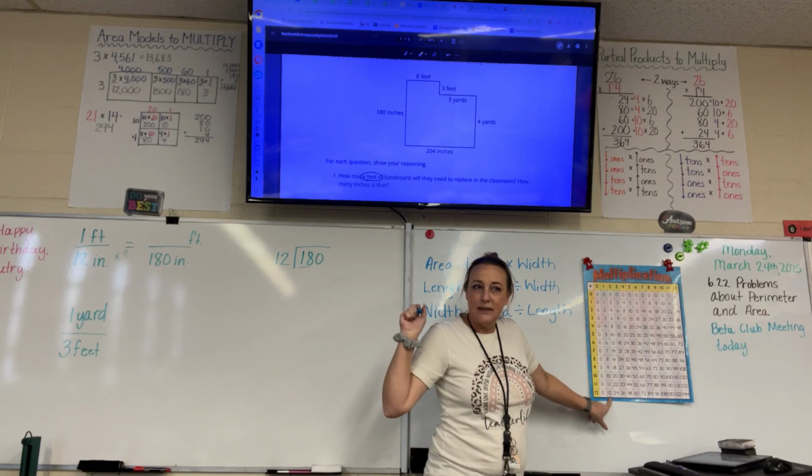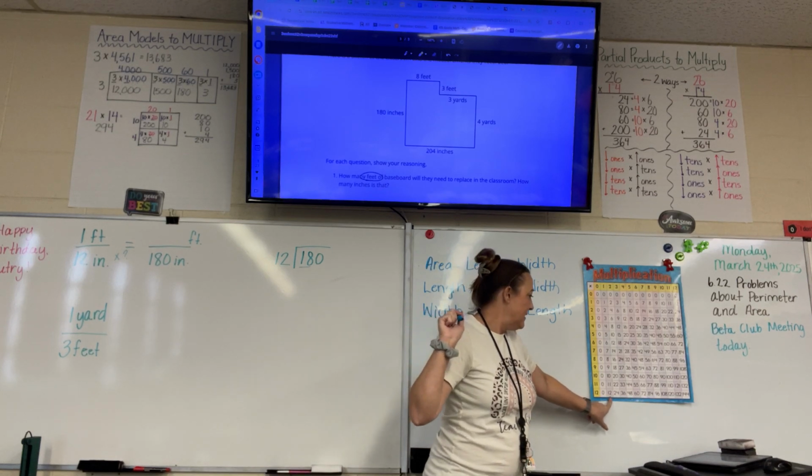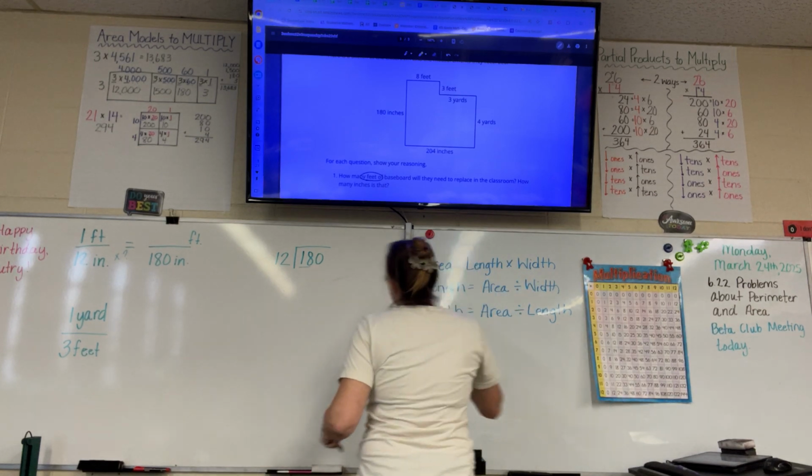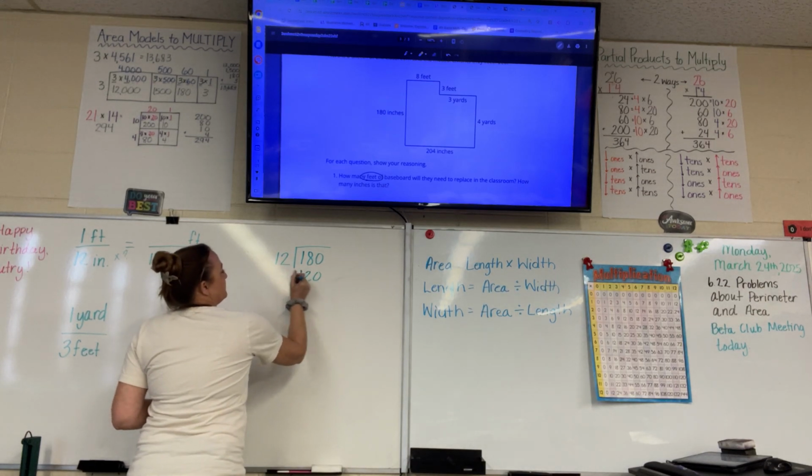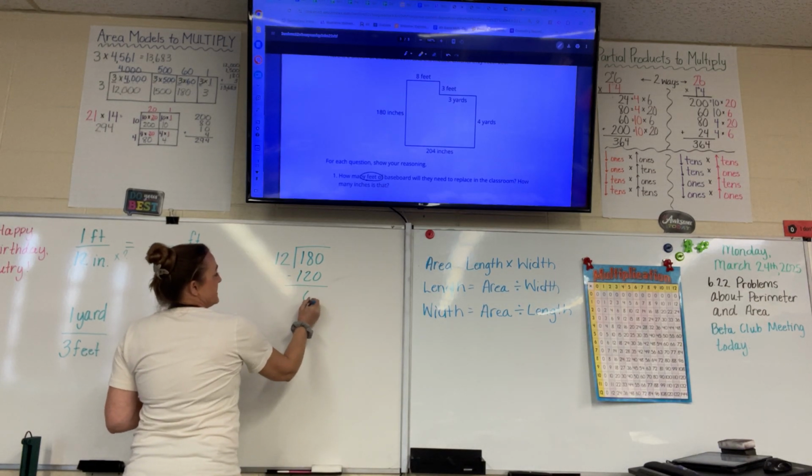What did I underline? 18. 24 is too big, so I'm going to use 12 with a 0 behind it. Take that away and get 60.